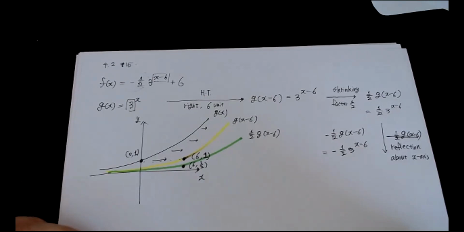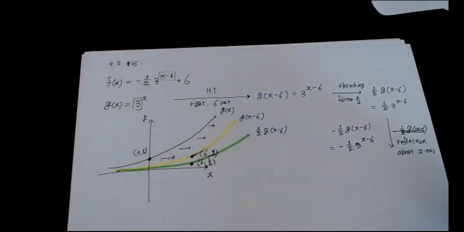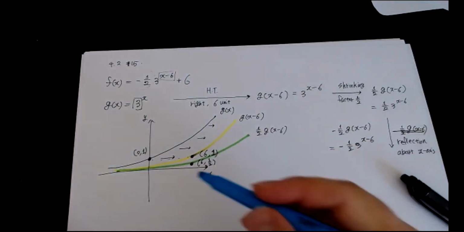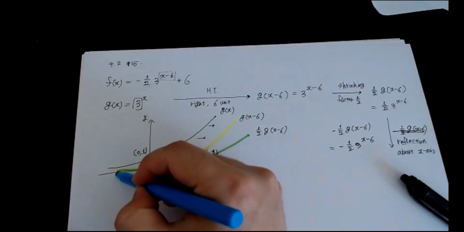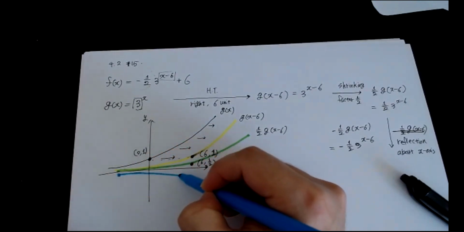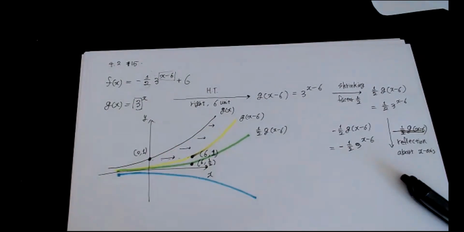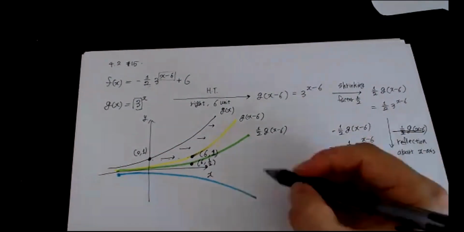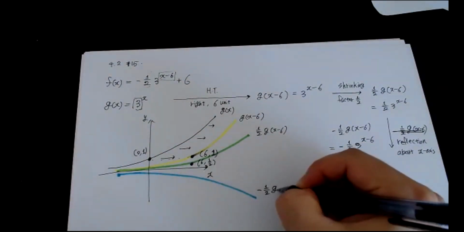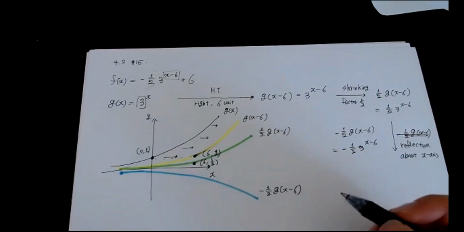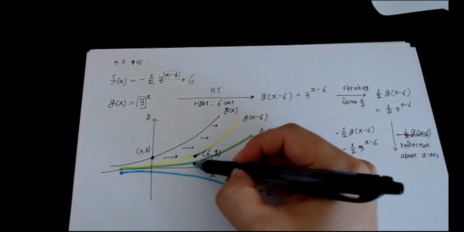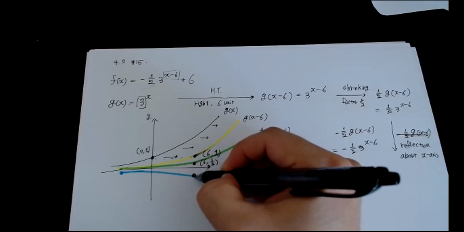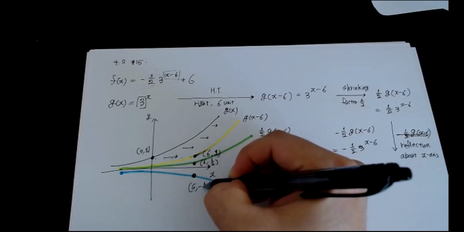Let me reflect this one about the x-axis, then we're going to get this, right? So that's the graph of negative 1/2 g of x minus 6. Then what happened to the point? Just reflecting about the x-axis, we got 6 comma negative 1/2, right?